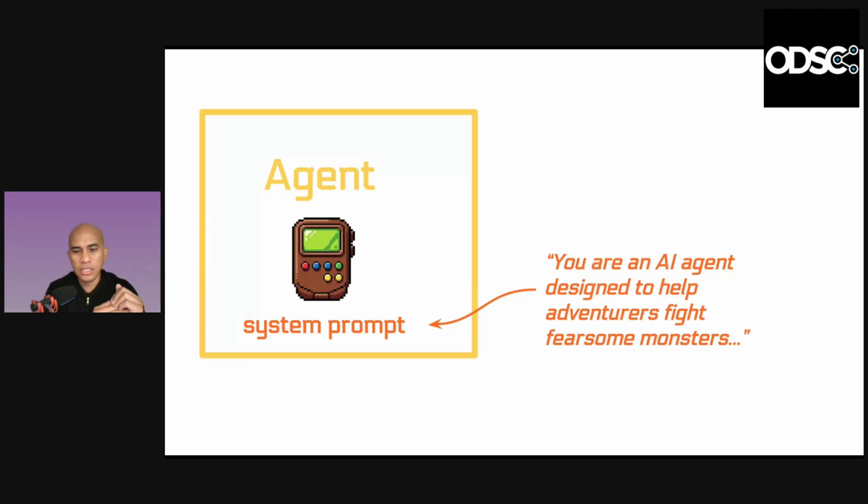It's an application that will respond to a system prompt, a prompt that could be created by humans or by another system. Maybe it could be another agent. So these agents will then take these prompts and act accordingly.